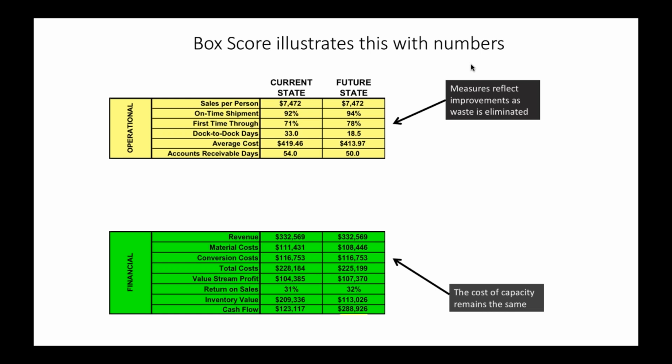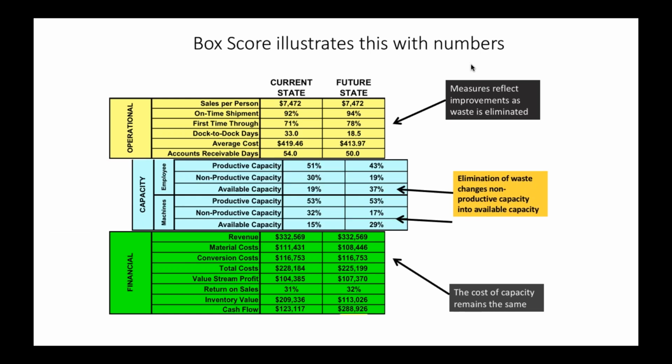And this is typical of Lean practices and initiatives where you see operational improvement, but you don't see the financial improvement. Now, this can be very frustrating for non-financial people or inexperienced lean people to understand: well, Lean's supposed to be so good, why aren't we seeing the financial benefit? And this is where the capacity numbers come in.